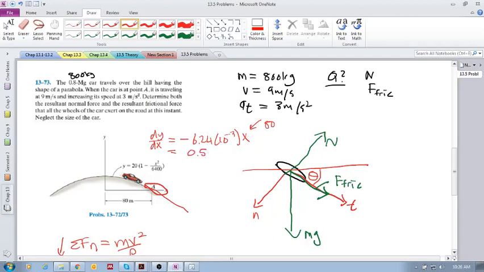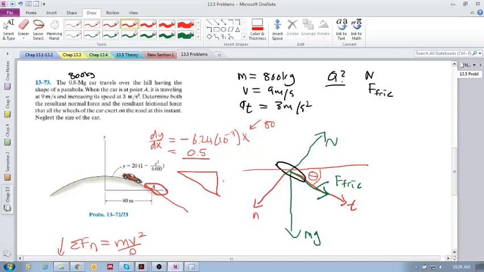So the slope of this function at point A is 0.5. What does that mean? It means dy over dx is 0.5, so dy is going to be half of dx.